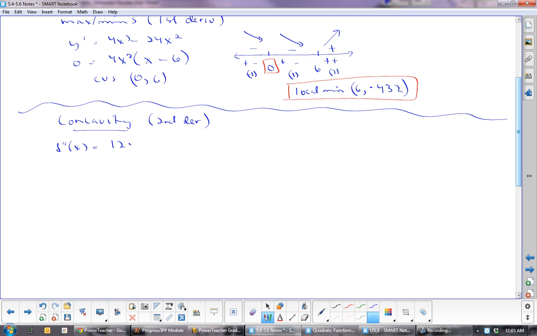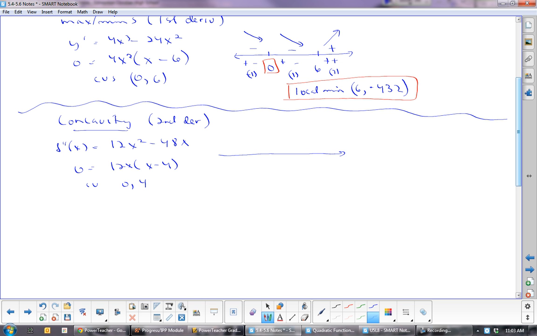Okay, so 12x squared minus 48x. So 0 would equal, I take out a 12x, leaving me with x minus 4. So critical values for concavity would be at 0 and 4.